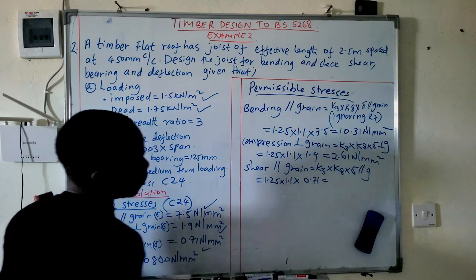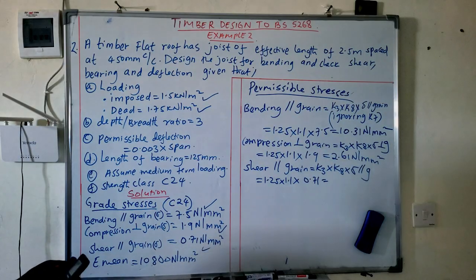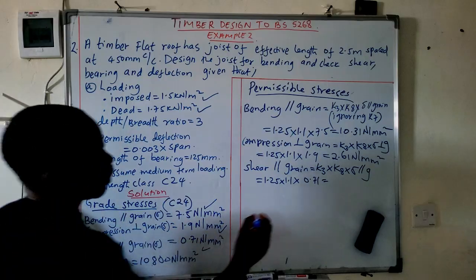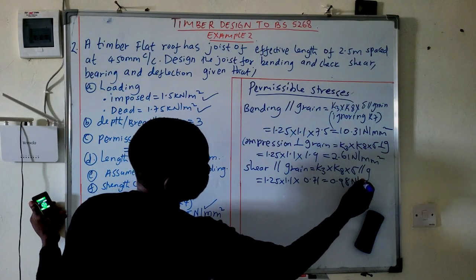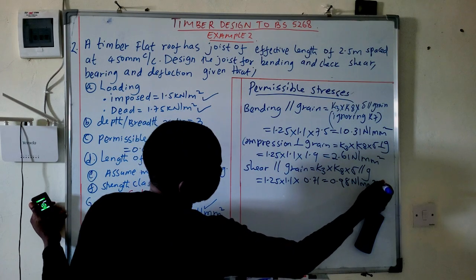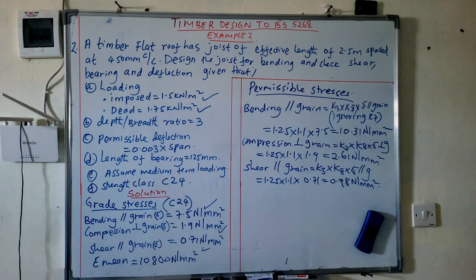So the answer is 0.98 Newton per millimeter square, like that.